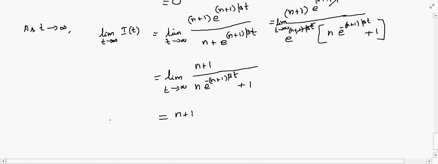So limit t tends to infinity of (n+1) / (n e^(-(n+1)βt) + 1) will become n+1. That is, limit t tends to infinity I(t) is equal to n+1.